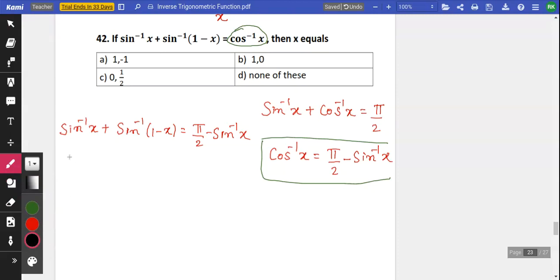Now from the RHS side, the sine inverse term moves to the LHS side. It becomes positive, and from the LHS the sine inverse 1 minus x term will become negative.